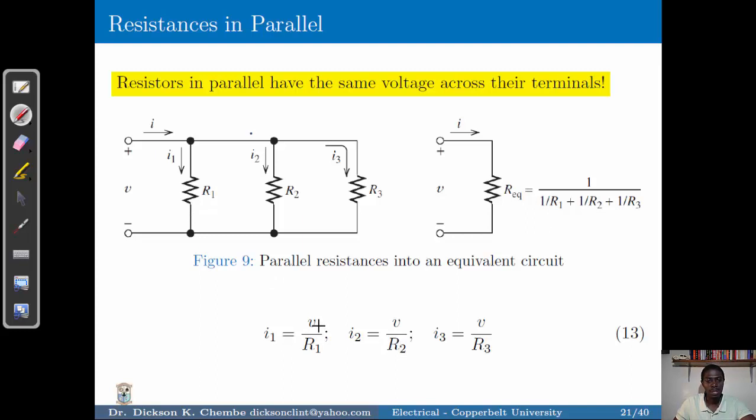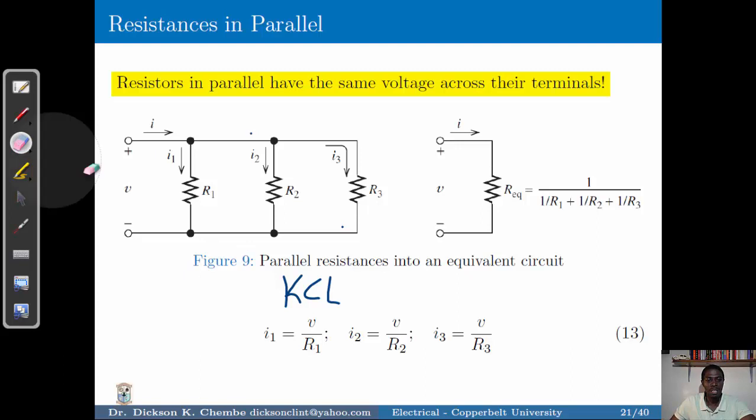V is common, so we've got V over R1, V over R2, V over R3. And in this case, we apply KCL, which says the sum of currents entering a node must be equal to the sum of currents leaving that same node.